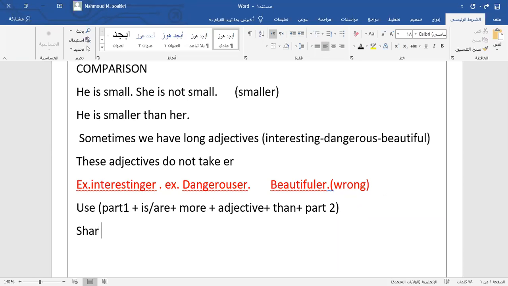Shark is dangerous. Dolphin is not dangerous. We want to use more dangerous here.